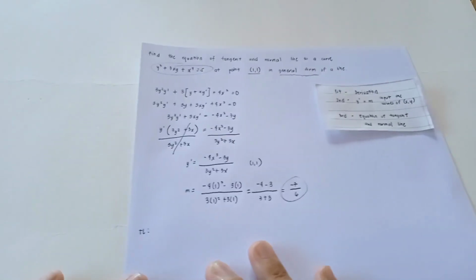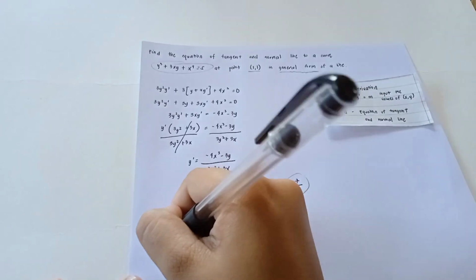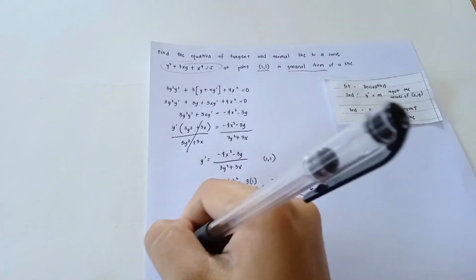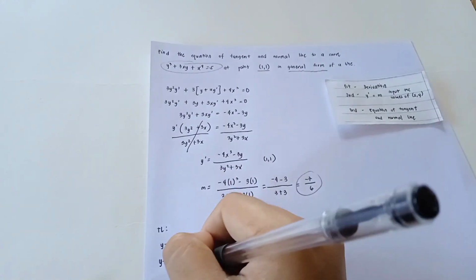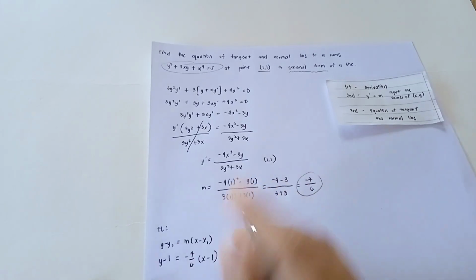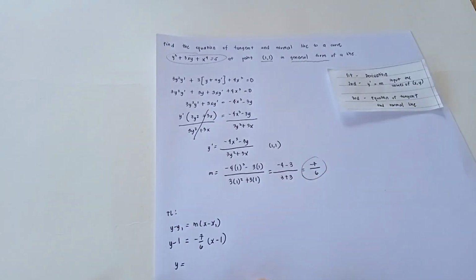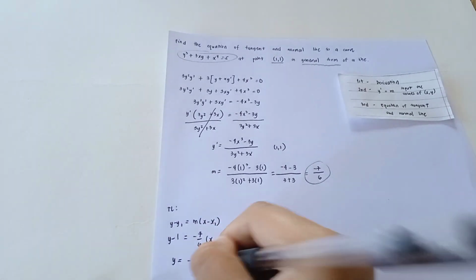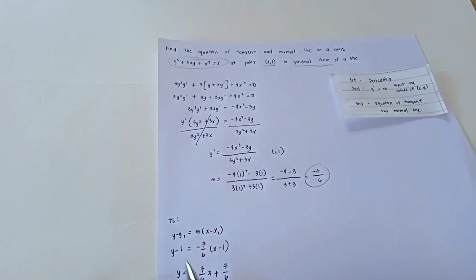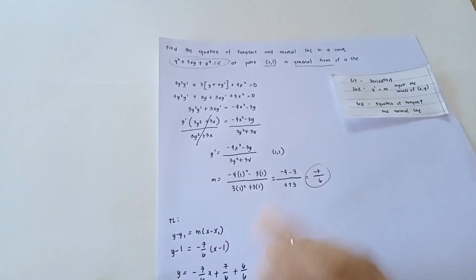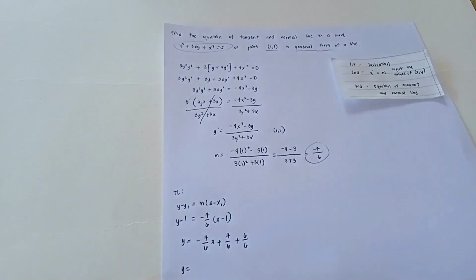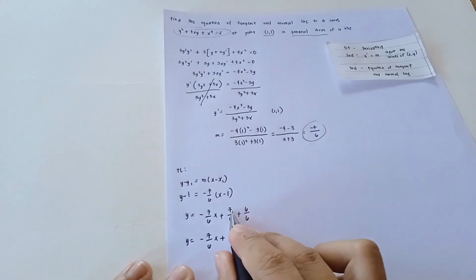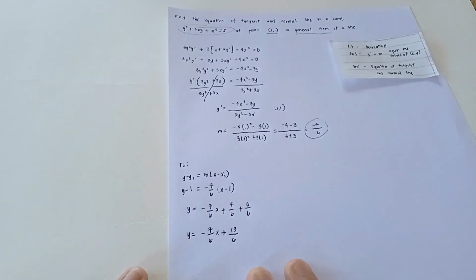First, the tangent line. y minus y sub 1 is equal to m times x minus x sub 1. Then let's substitute the x and y values and the slope. Now let's expand: negative 7 over 6x plus 7 over 6 plus 6 over 6. Copy: negative 7 over 6x plus 7 plus 6, 13 over 6.